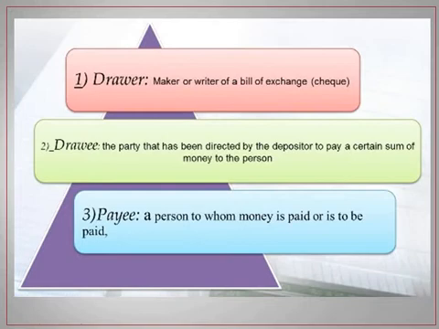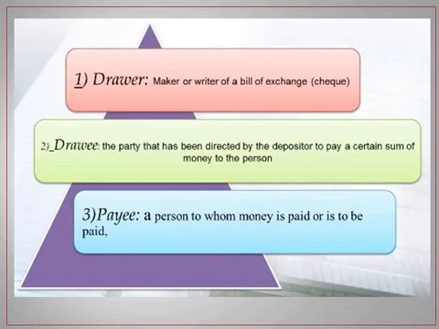Next is the payee. Who is the payee? A person to whom money is paid or to be paid. So the person to whom the money should be paid is known as the payee. Mostly the drawee is the bank.